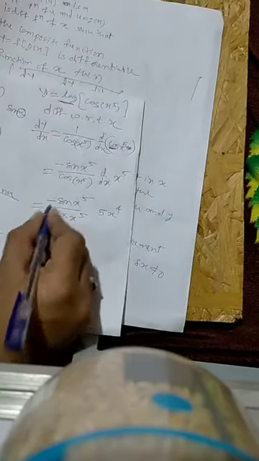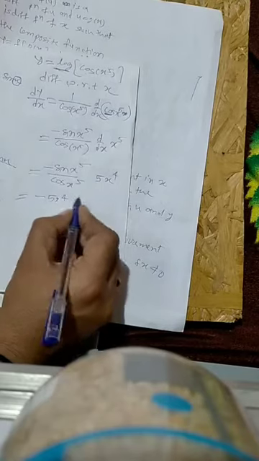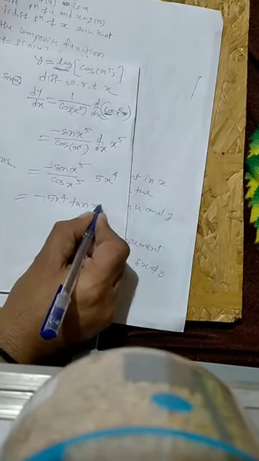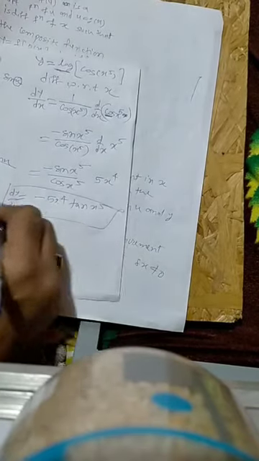So this is equal to minus 5x to the power 4, and sin divided by cos means tan of x to the power 5. This is dy by dx, the derivative of y equals log of cos of x to the power 5.